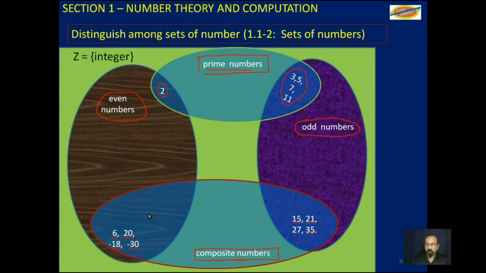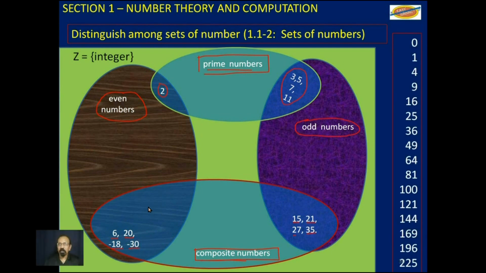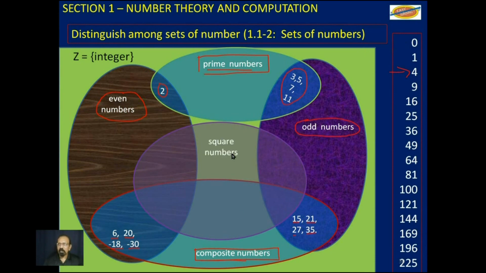Now we want to fit square numbers. These are our square numbers on the right here. We have to get another shape somewhere in between here, which looks like this. So in this latest shape, this one in the middle here, we will put square numbers.